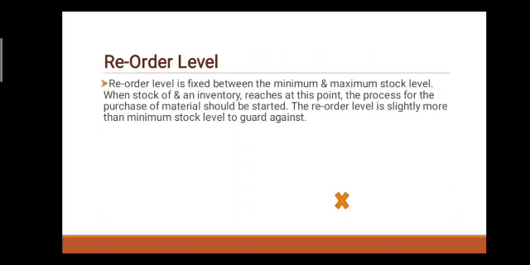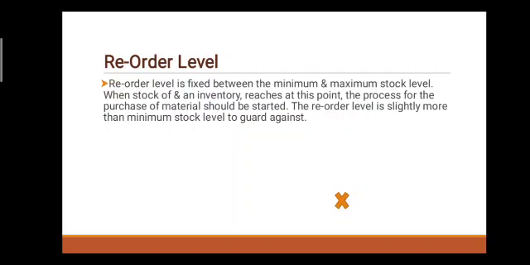Third level, reorder level. Reorder level is fixed between the minimum and maximum stock level. When stock of an inventory reaches this point, the process for the purchase of material should be started.